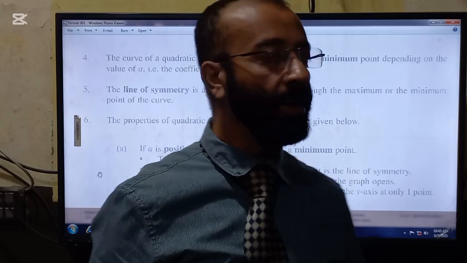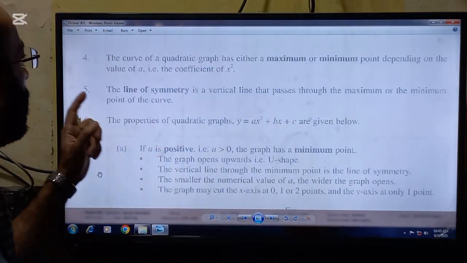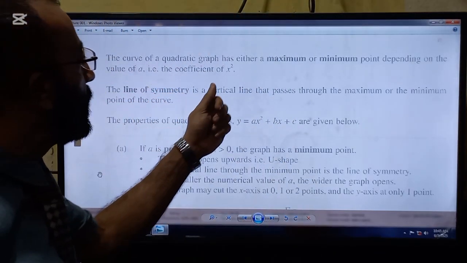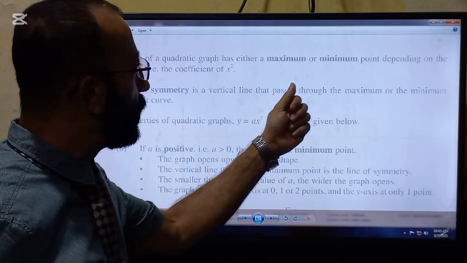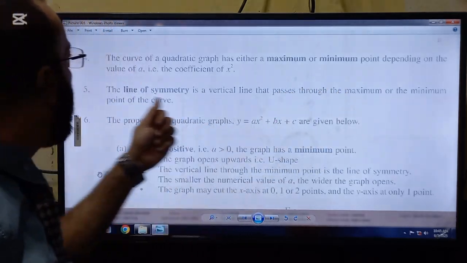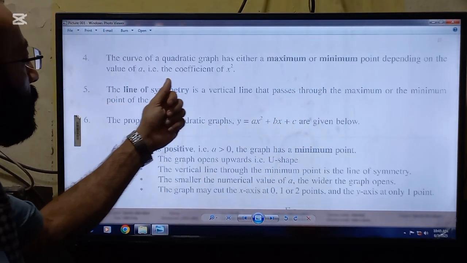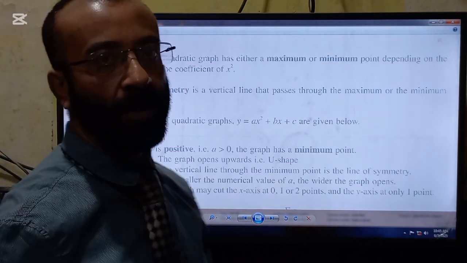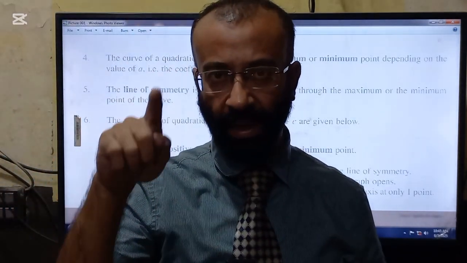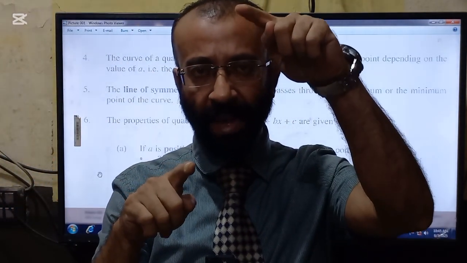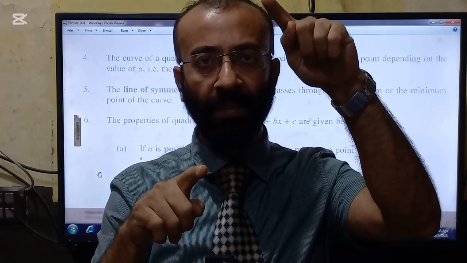The next point to remember is the curve of a quadratic graph has either a maximum or minimum point depending on the value of a, that is the coefficient of x square. So if the graph is of the form like this, the topmost point will be called the maximum point.